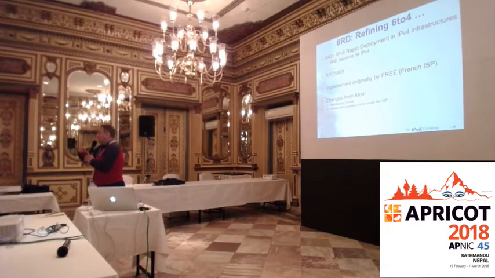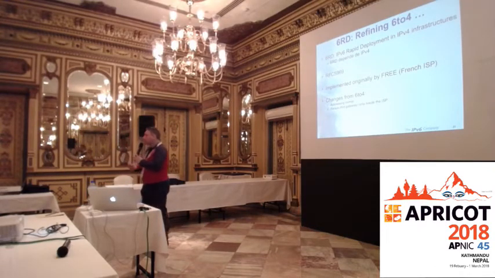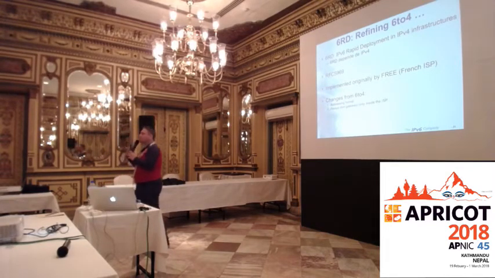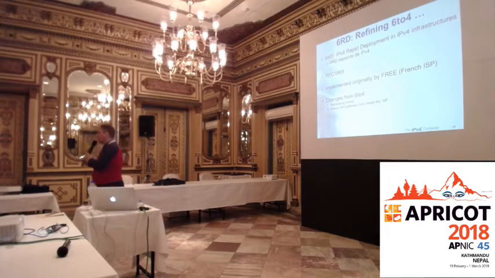There is an alternative to 6to4 that got some good deployment, especially in Europe, which is called 6RD, 6 Rapid Deployment. 6RD was an idea from a French ISP that used their own Linux set-top box.